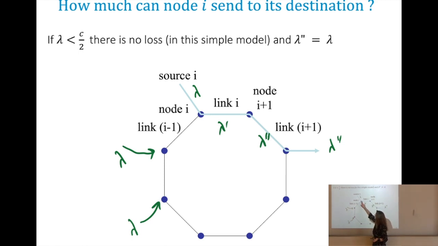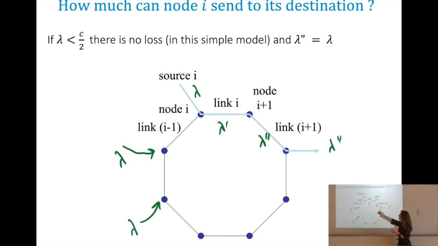Lambda prime is the bit rate that source I can achieve on this link, and lambda second on the second link, and the output corresponds to this lambda second. So now we assume that this is the case at every node, okay? And we want to know, depending on lambda, how big can lambda second be? And this depends on the relation between lambda and the link capacity.